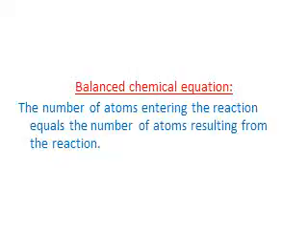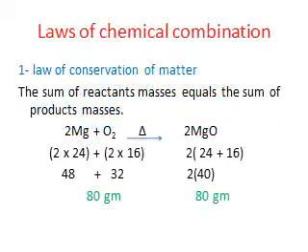To control the chemical combination between elements, we have two laws. The first law is called the law of conservation of matter, which means the masses of the reactants must equal the masses of the products.